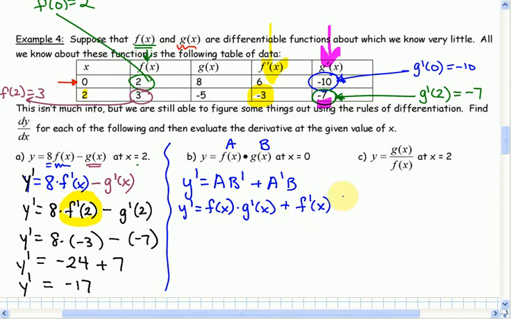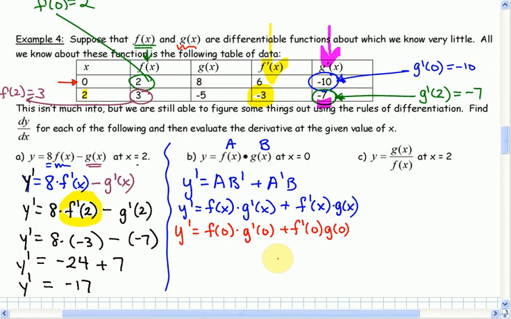And B, of course, is just g of x. Okay, we're evaluating this derivative at 0. So I want f of 0 times g prime of 0, plus f prime of 0 times g of 0.